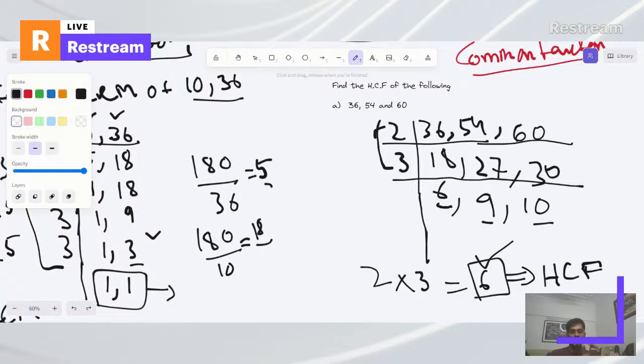So, is there anybody amongst you who finds it really difficult here, or do you guys get the concept of HCF? I am not getting any questions. That means all of you guys understand this. Perfect.